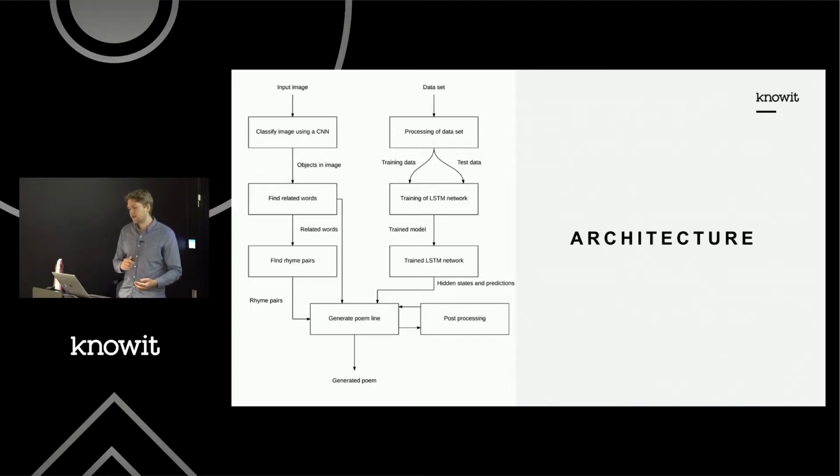And then on the right side, I have a data set, and I pre-process it a little bit. Then I train my LSTM network. LSTM is just a form of recurrent neural network. Then I use this trained model to predict what word should be in my poem. And then I have a little bit of cheating at the end.